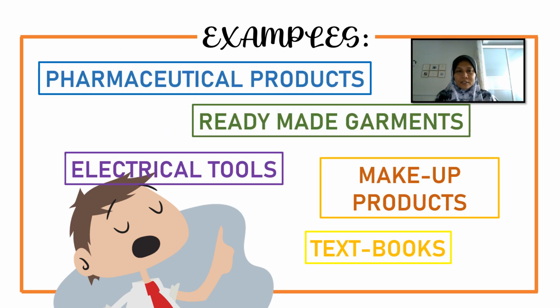Examples of industries which practice the batch costing method are industries which produce pharmaceutical products, ready-made garments, electrical tools, makeup products, textbooks, and many more.